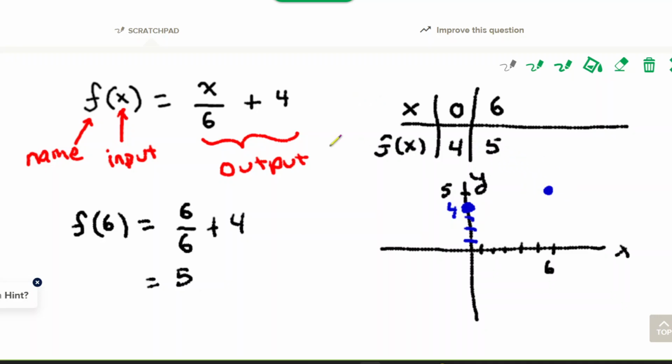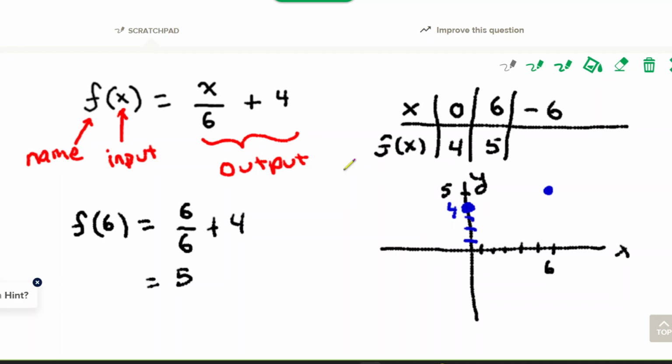Now I'm hoping you can see that if I plugged in 12, we'd get 2. So it's 12, 2. If I plugged in -6, in fact, let me do that. Let me plug in -6 right now. Let's do one more point here. So I'm going to plug in -6 for x.